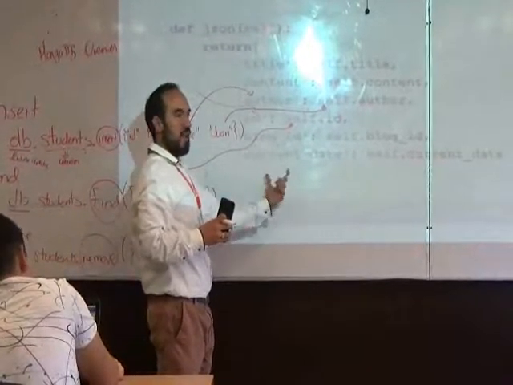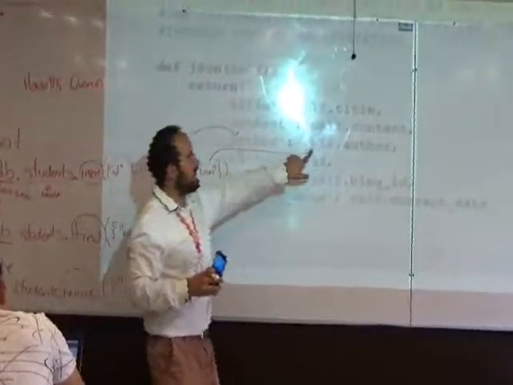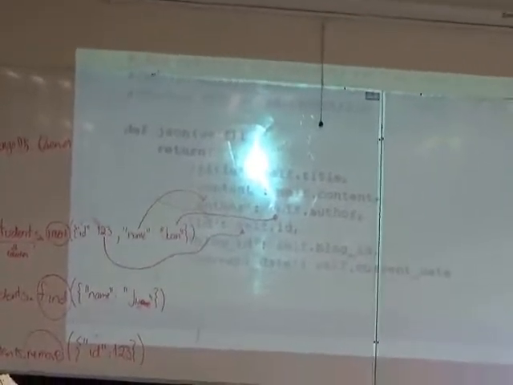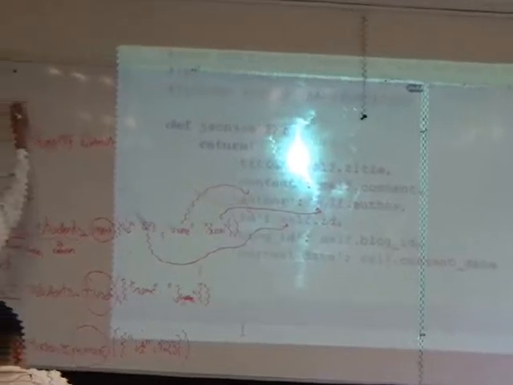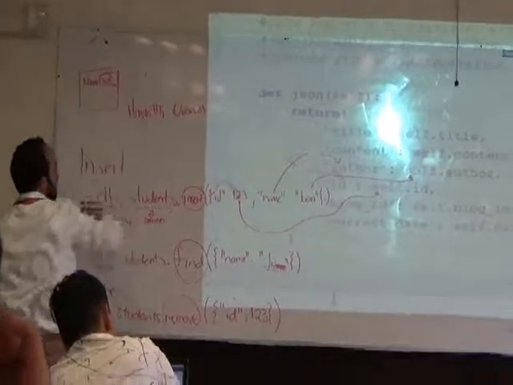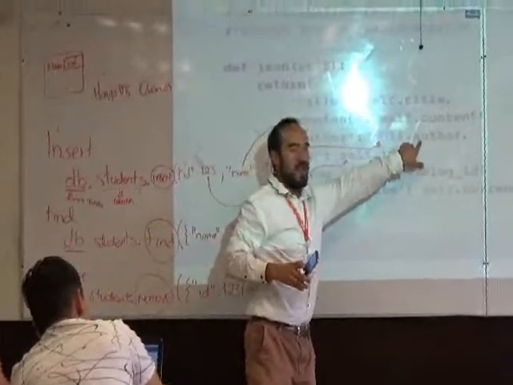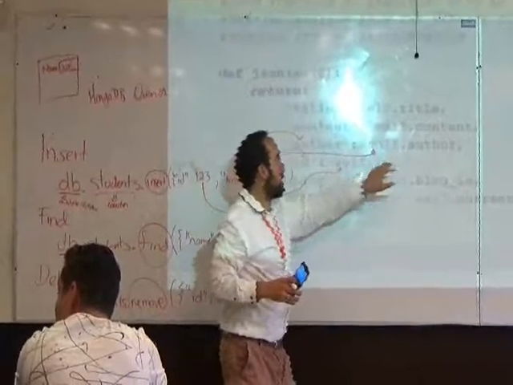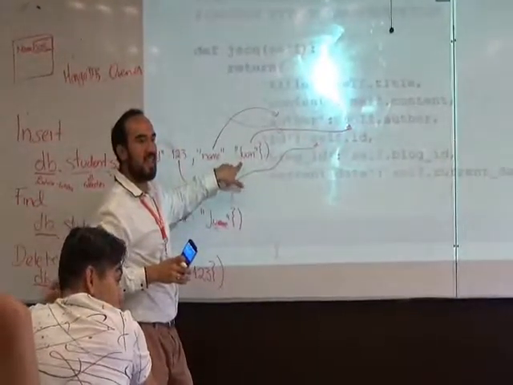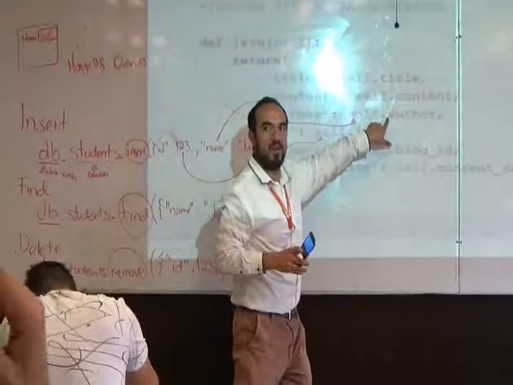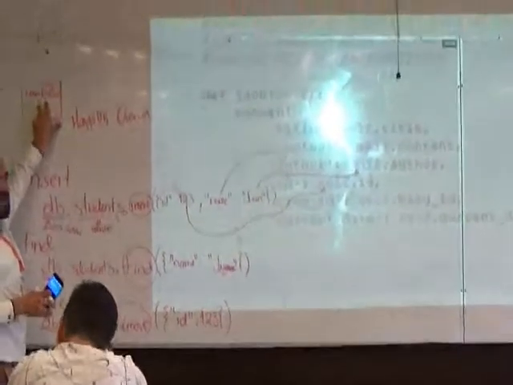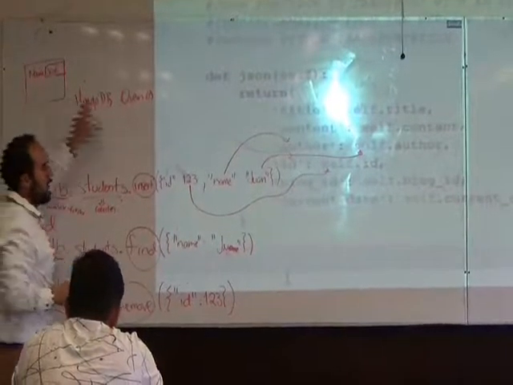Now they are related. The thing here is that this is not static. This is something that you're going to type in a box. It can be Jose, it can be Pepe, it can be whatever, as long as it's the author, right? So this is the same as this one, but this is static and this is dynamic, alright? This is gotten from a box, from a website, from a form, and this is a static one.